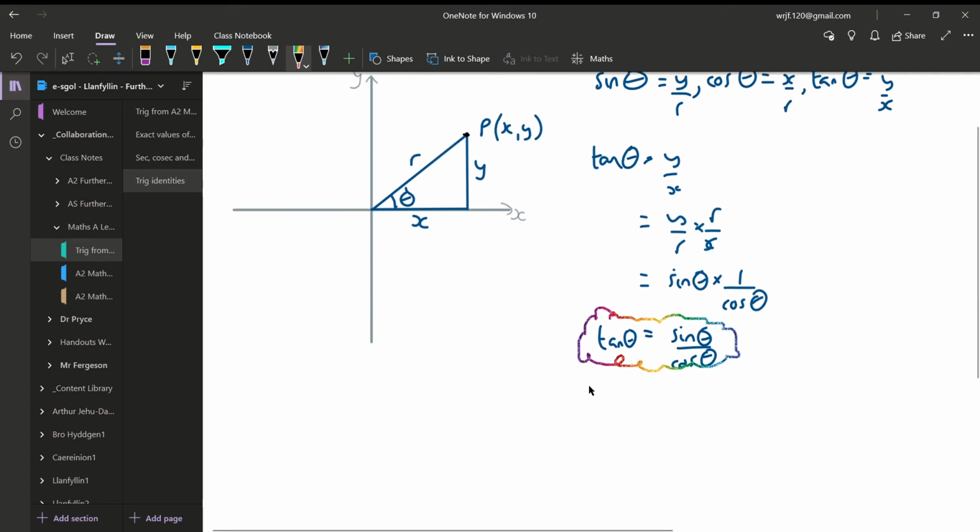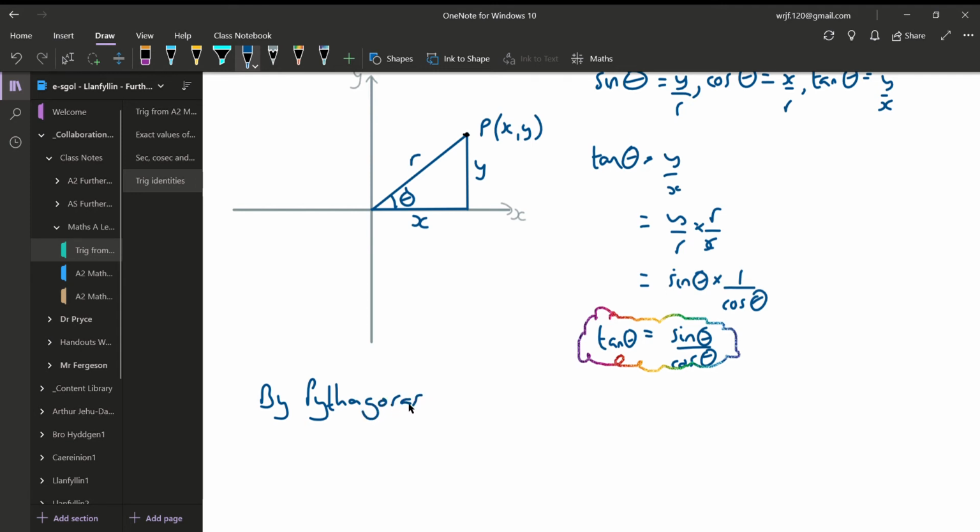The second identity, known as the Pythagorean identity, comes from us thinking clearly about Pythagoras with this right-angled triangle. Based on this right-angled triangle here, we know that x squared plus y squared equals r squared.